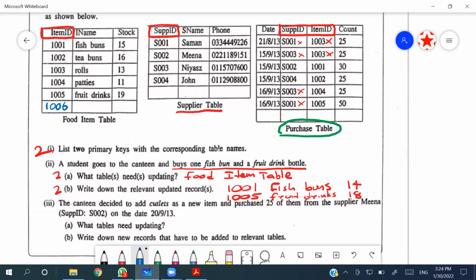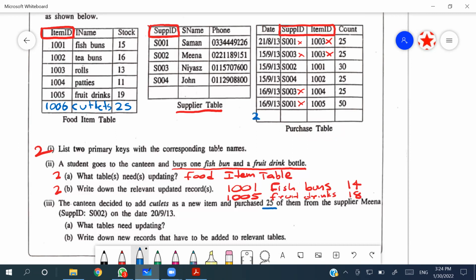The item is cutlets, and they are taking 25 of them. So 25 over here, stock. And the purchase table, that's going to be updated.